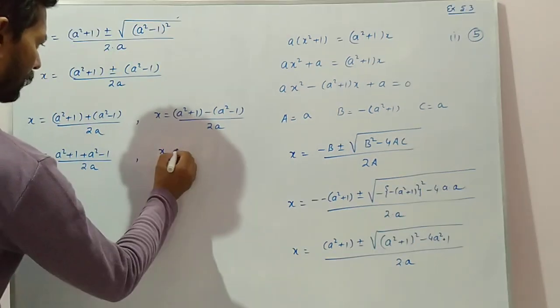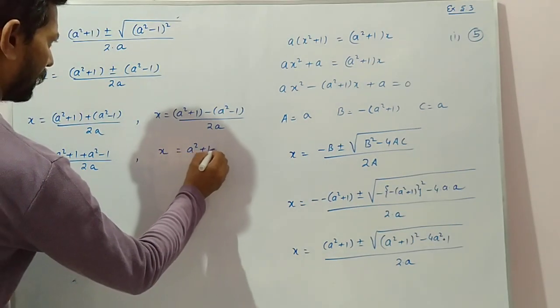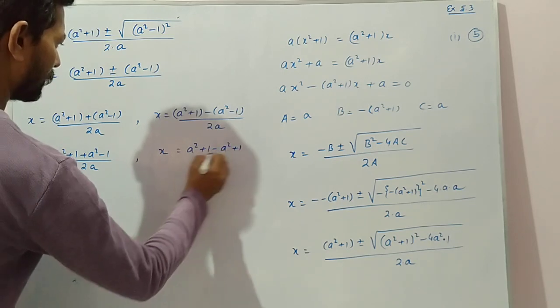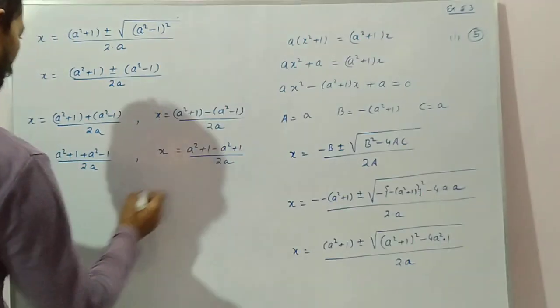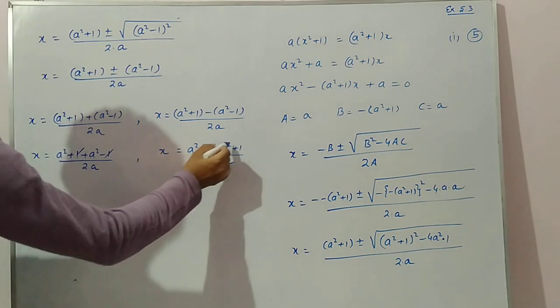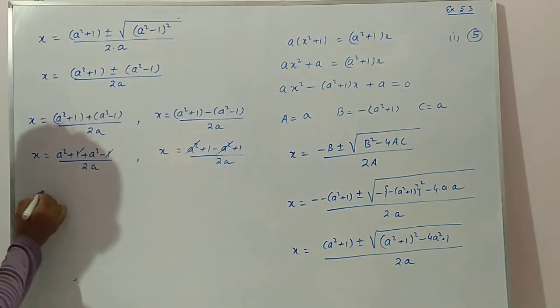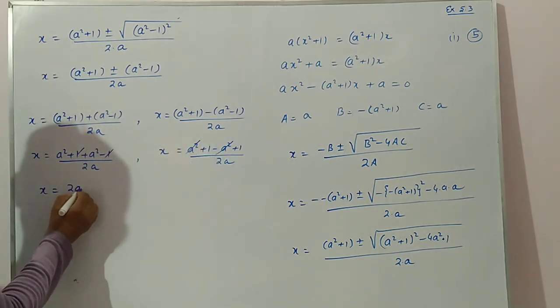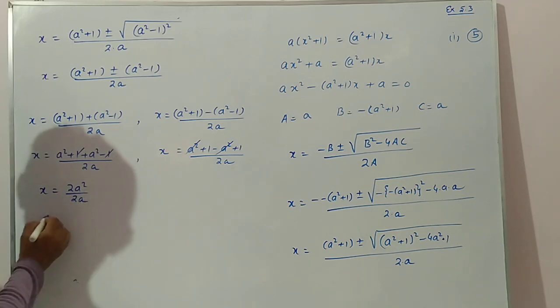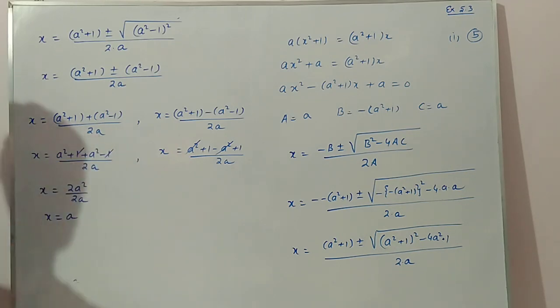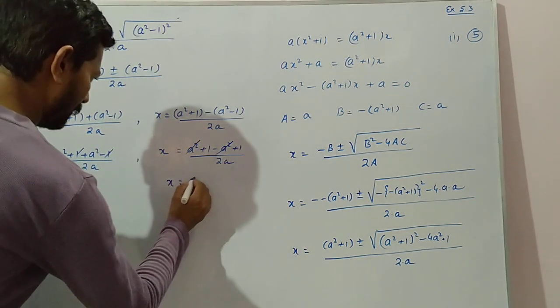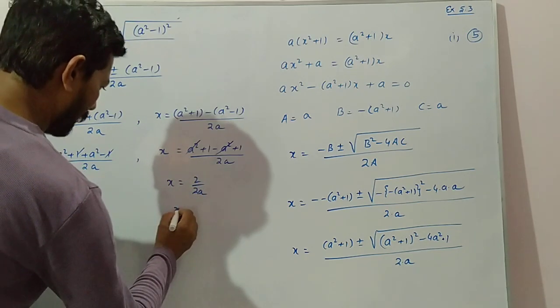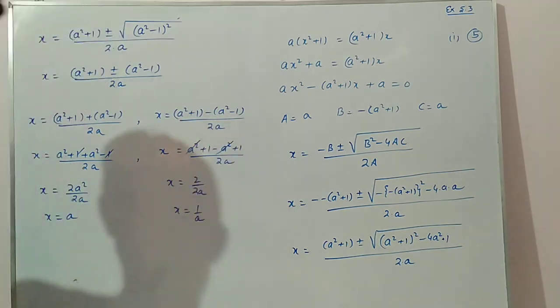Taking the second, a square plus 1 minus a square plus 1 by 2. This will cancel out. X equal to 2a square by 2a, x equal to a. Next, x equal to 2 by 2a, x equal to 1 by a.